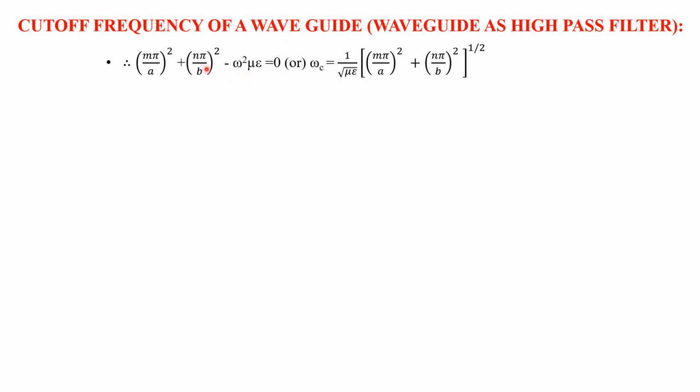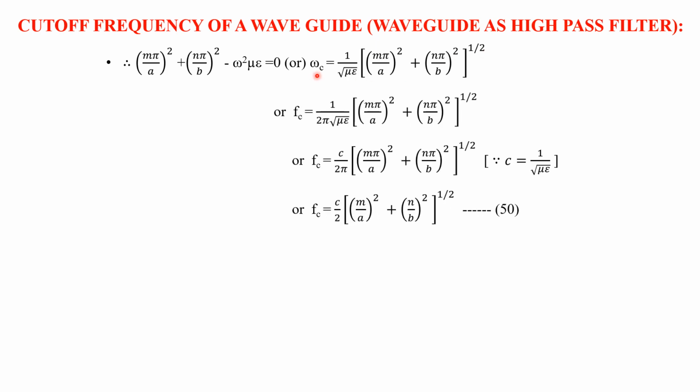Then I moved the omega square mu epsilon term to this side, so it becomes positive, and moved the epsilon mu to this side. Then our equation becomes: omega c, the cutoff frequency, is equal to 1 by root of mu epsilon into (m pi by a) whole square plus (n pi by b) whole square, whole power 1 by 2, which is nothing but the square root.